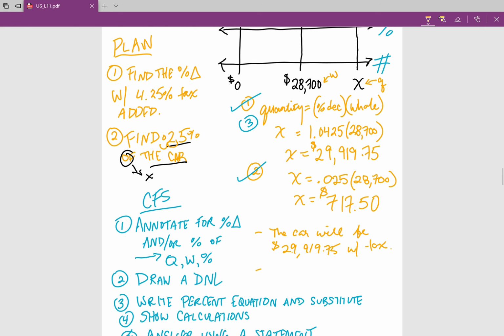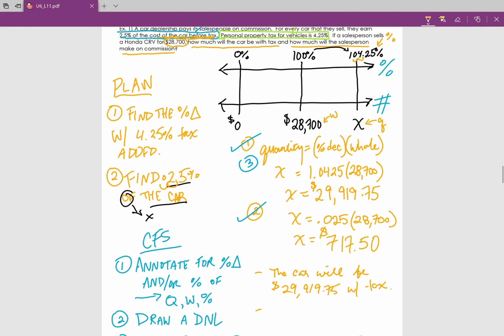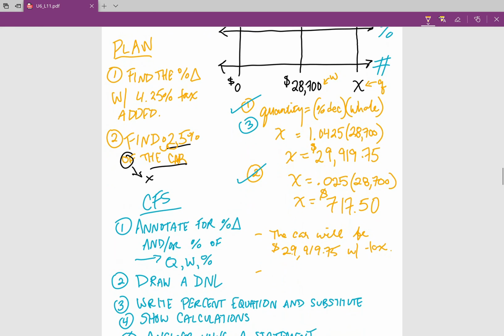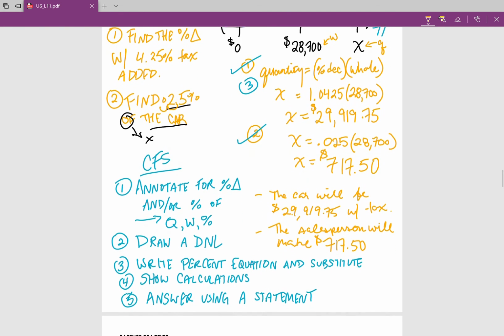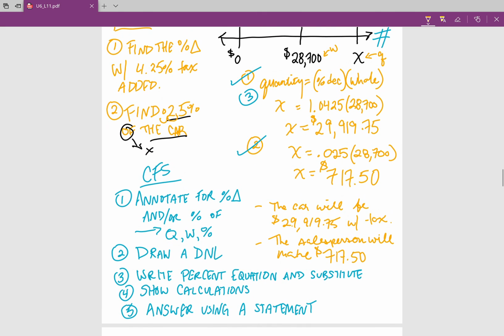And the other one, it says, how much will the salesperson make on commission? The salesperson will make $717.50. And that's it, so that you can do it right every single time.